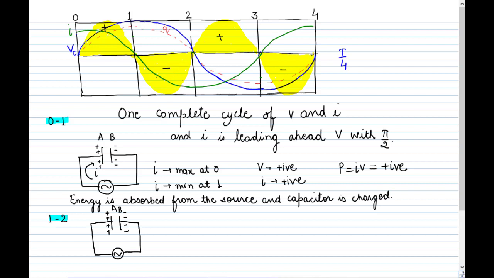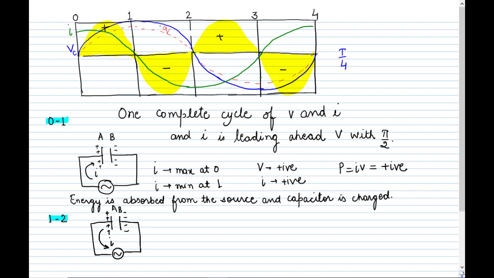That means the capacitor is discharging. Now the current will flow away from the capacitor, so the direction of current will be like this. Initially the capacitor was charging and now the capacitor is discharging. So the capacitor is discharged during this cycle from 1 to 2 and the voltage is reduced but the voltage is positive.